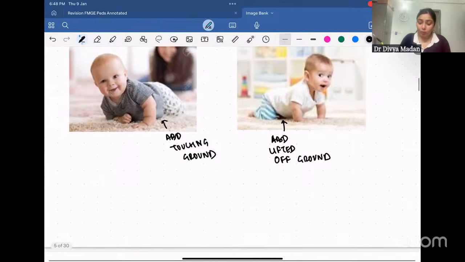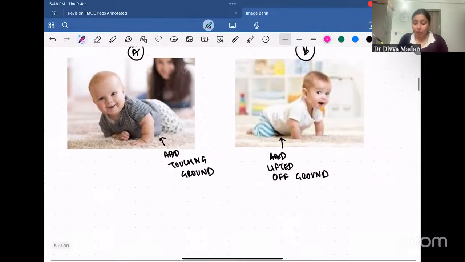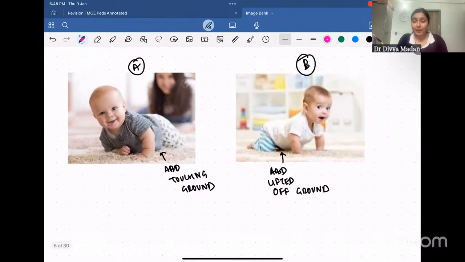So what is crawling, what is creeping over here? Is A crawling or B crawling? When the abdomen is touching the ground, it is crawling. And when the abdomen is lifted off the ground, it's creeping.